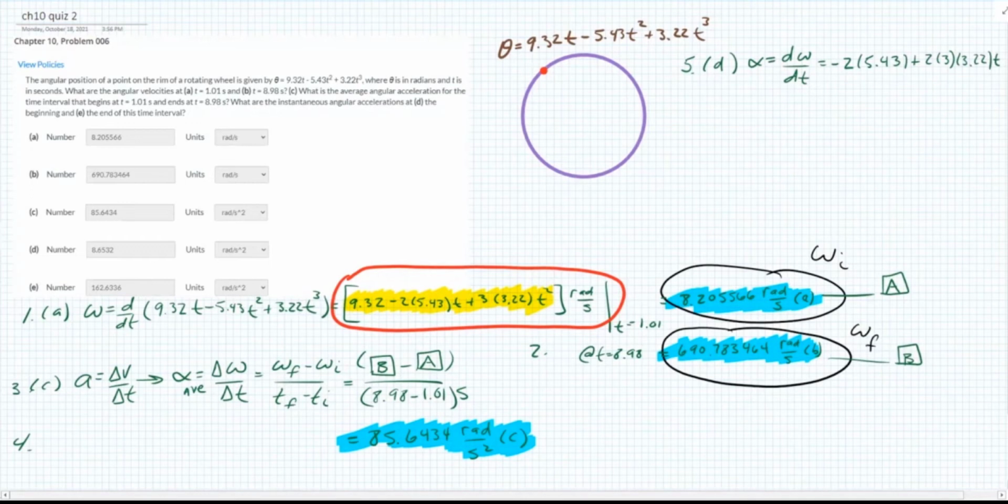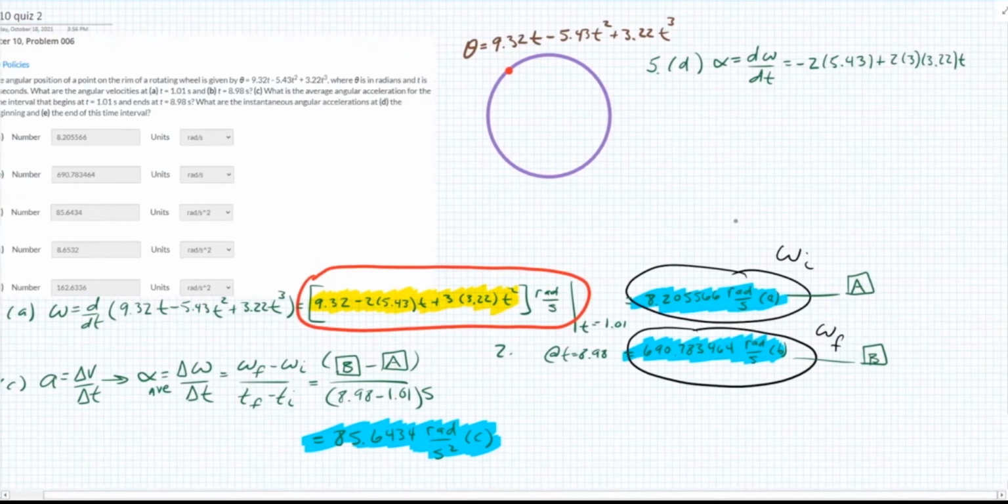I guess that's it. And I need to evaluate that at the beginning of the interval. So the beginning is at t equals 1.01 seconds.